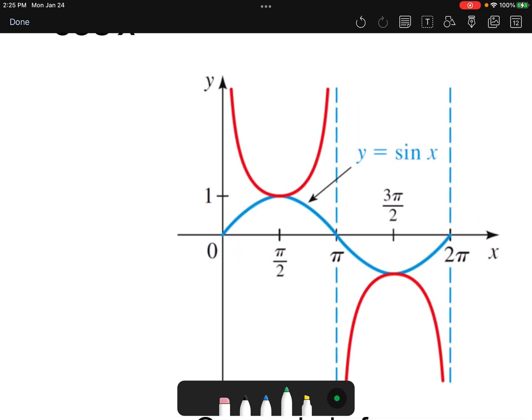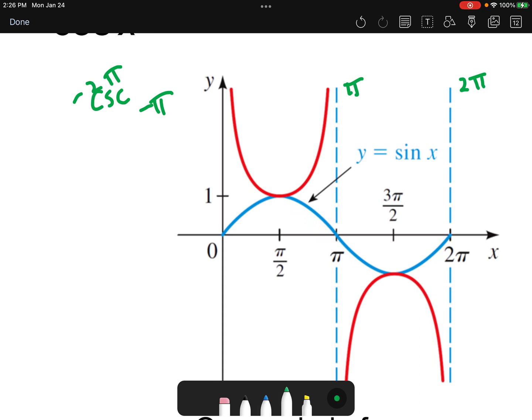So this is our cosecant graph. Now, how cool is that? It's really cool if you have a color calculator, because red and blue is what mine defaulted to, which is interesting. Now notice that cosecant has vertical asymptotes at pi and 2 pi and negative 2 pi and negative pi and 3 pi and so on.